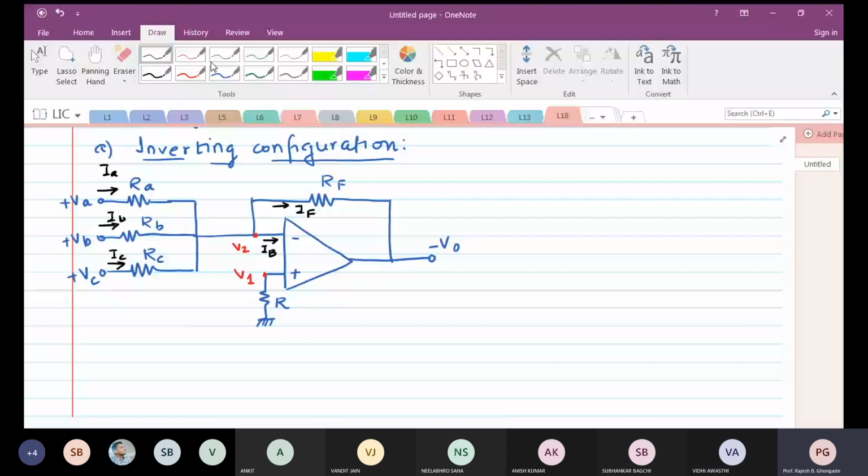Okay, fine. Very good. So once you know this circuit diagram, we'll be writing KCL, Kirchhoff's current law, at the V2 node. What are the various currents flowing into and out of this node? Come on, tell me how to write the equation here.